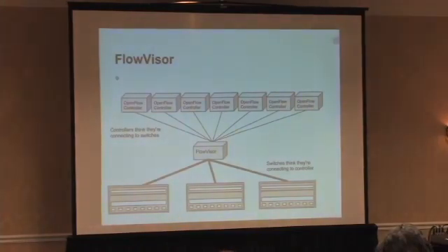They would be putting flow rules down in any of the switches in the network, but the FlowVisor would make sure that when they tried to insert a rule, it would look at the rule and ask, is this only going to affect traffic that you've been given access to?